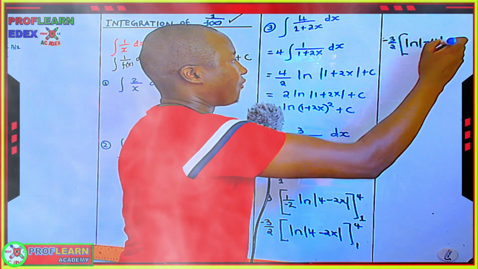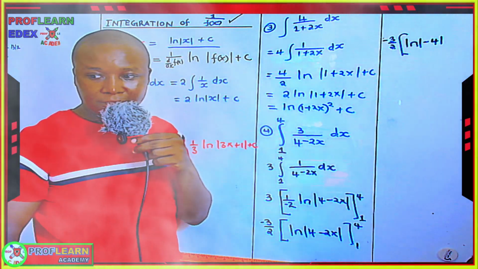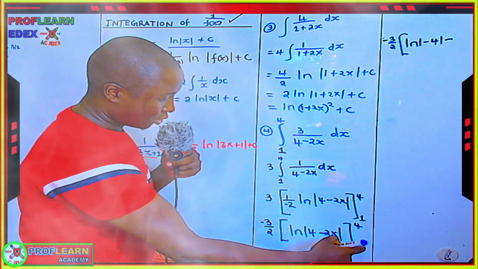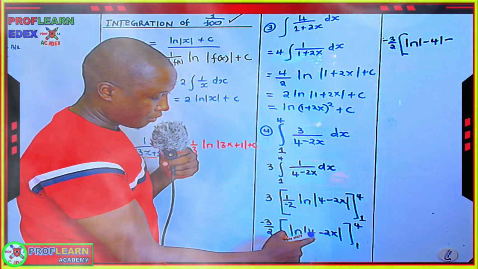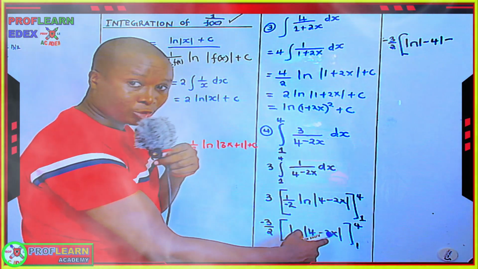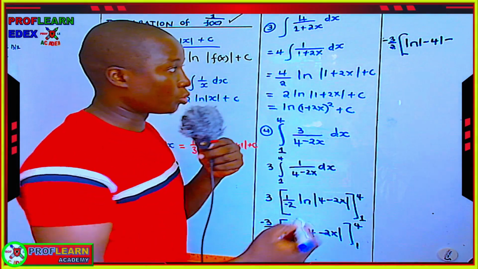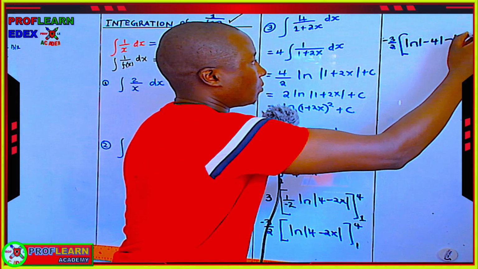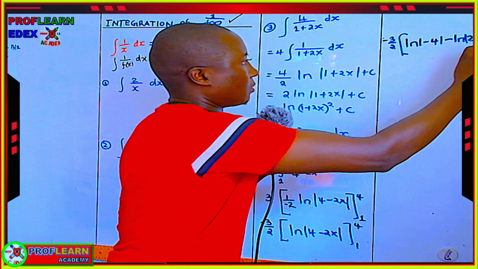But remember, we have absolute signs there. Then we're going to say minus. Substituting 1 into this, it will be 4 minus 2 times 1. That will be 4 minus 2, and that translates to 2. So this is going to be ln of 2.